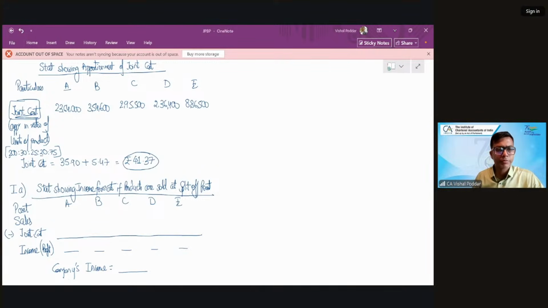Correct, students. Now, the second part is we have to find out income, that is profit. How will we find out? Sales minus this joint cost. So this joint cost, 2364 and all these, I will repeat here.